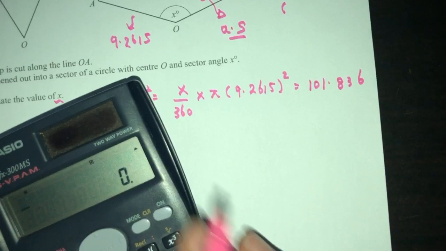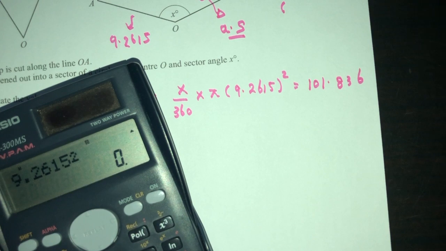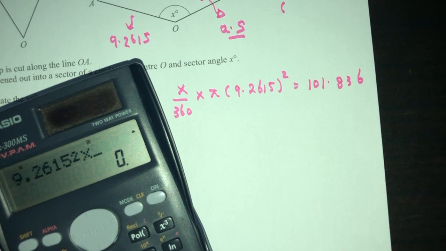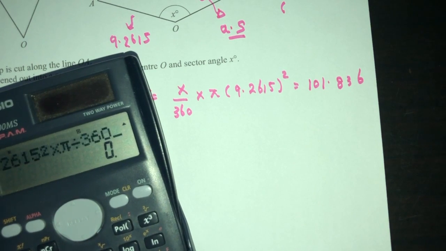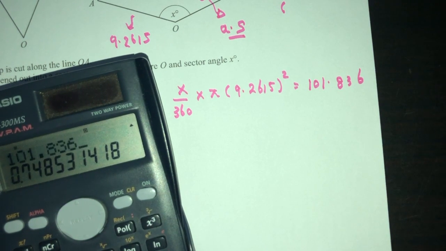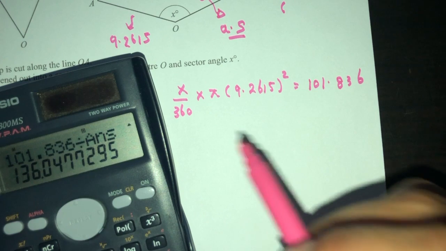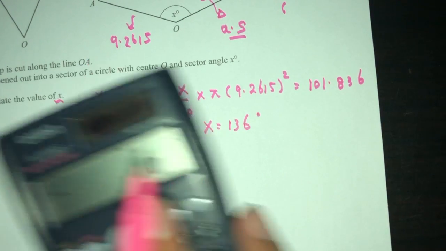So one by one, we will have 9.2615 square times pi divided by 360, and then 101.836 divided by that answer. That should be your answer. X should be 136 degrees, correct to 3SF.